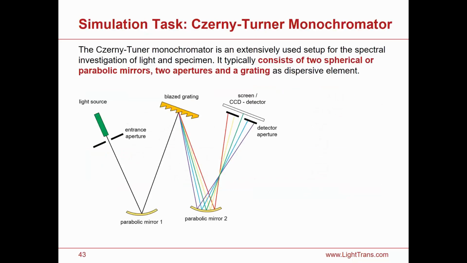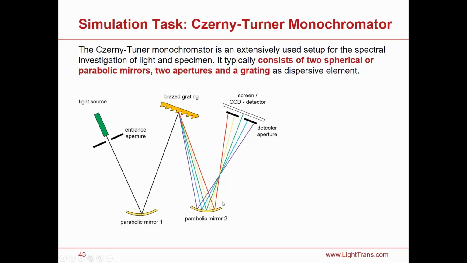Now the Czerny-Turner monochromator is a setup where we have a light source and then there's an entrance aperture, and after the entrance aperture the light is reflected onto a grating. This grating is the critical element in this setup, and splits the wavelengths laterally.